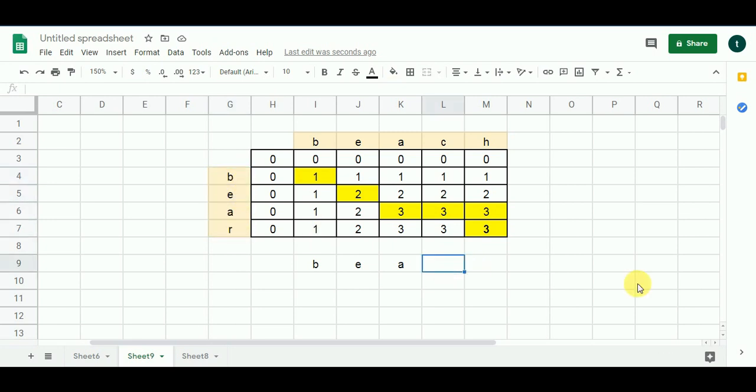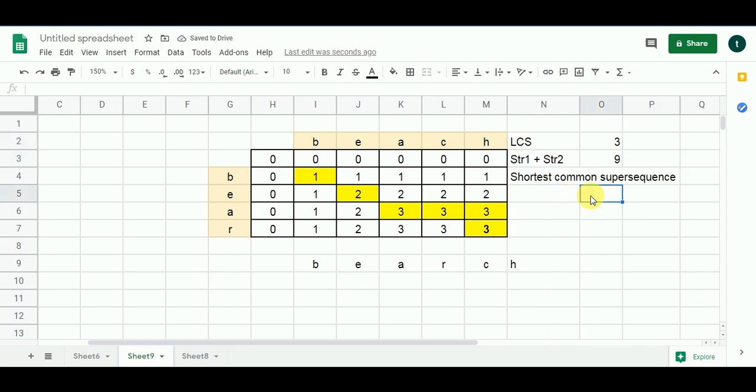I'm going to put R over here. Alright, we are going to do the same with string 2. If I remove the longest common subsequence from this string, what characters do I remain with? C and H. So I'm going to put C and H. Also, like I told you, the length of the longest common subsequence has come as 3, and the length of both the strings combined is 9.